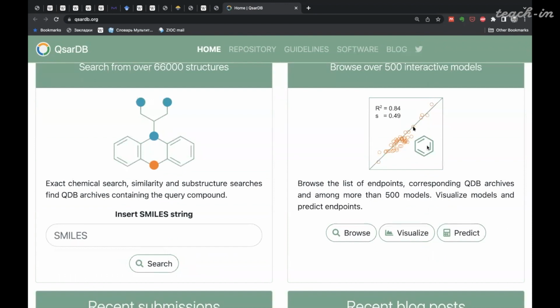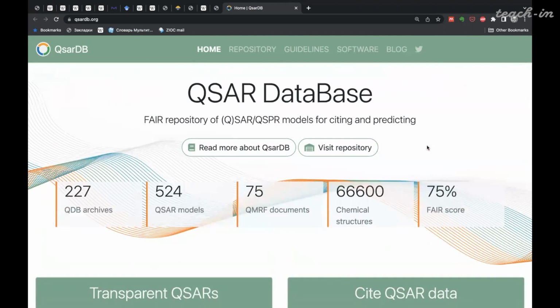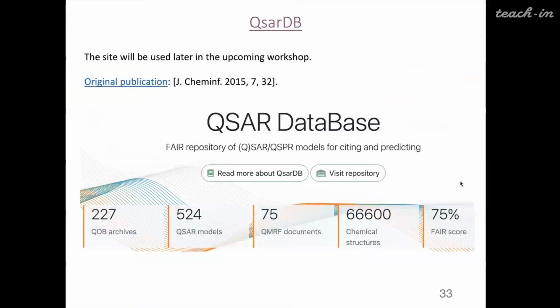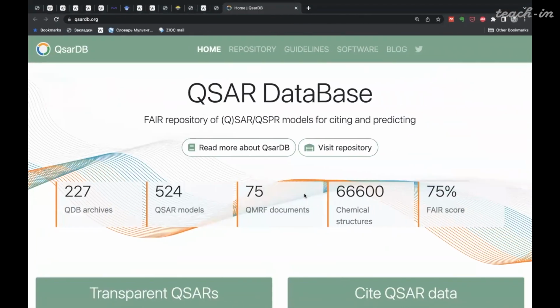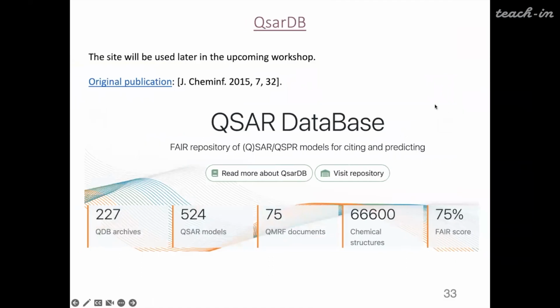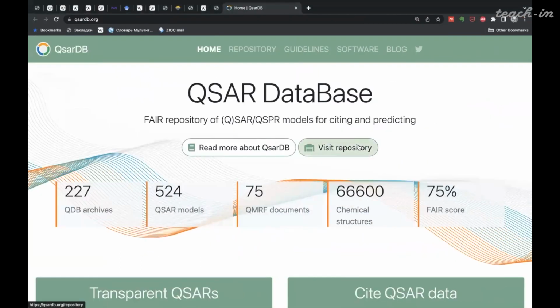So you can download data from this site, and we are going to discuss several data sets that are deposited here. I provide you the link on this site, so you can look and try. I suggest you do that. We are going to use some data sets from this site tomorrow.